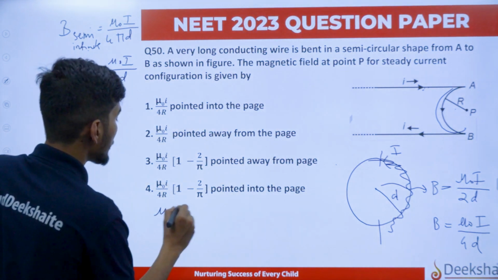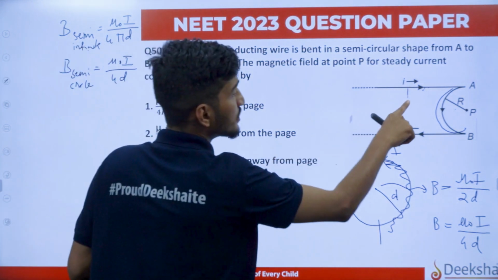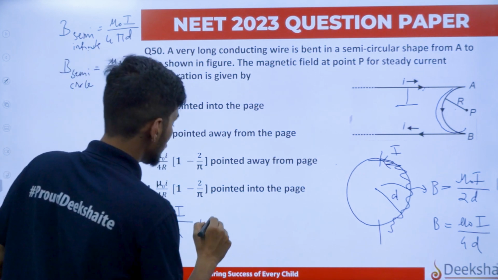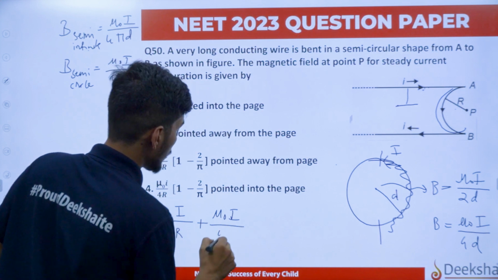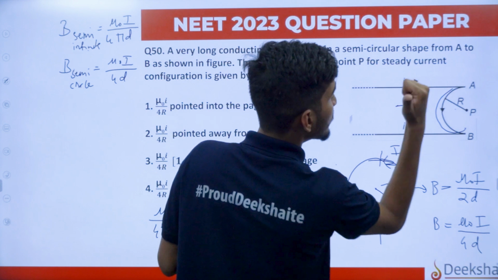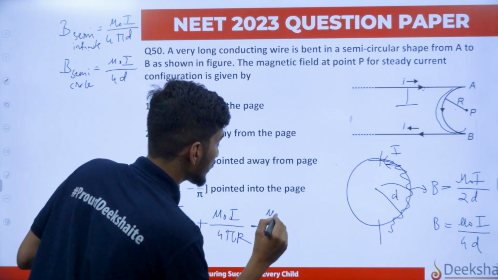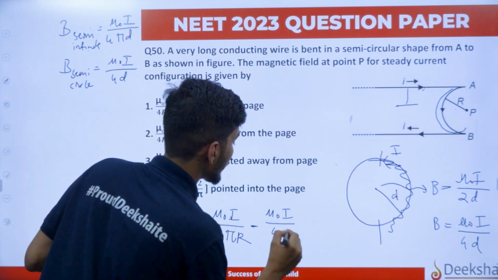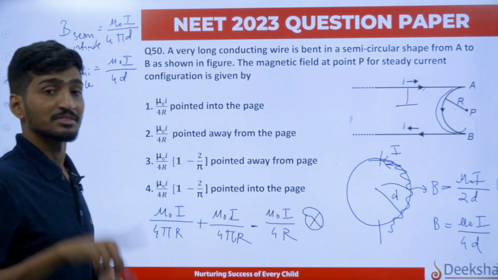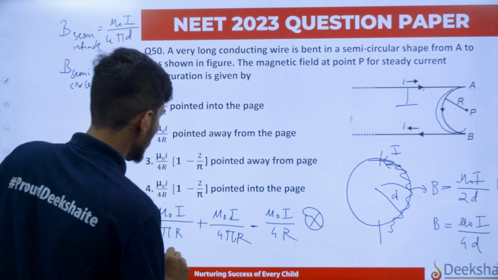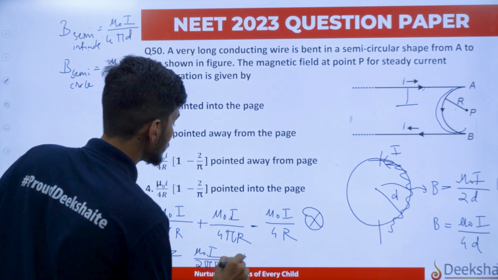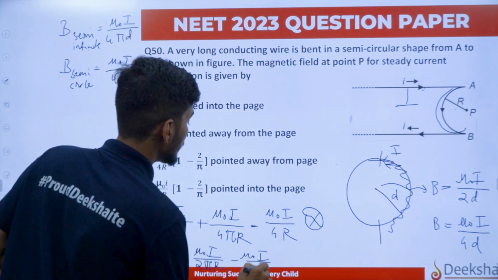So mu naught I by 4 pi r plus mu naught I by 4 pi r minus this one is upward, so that will be subtracted, mu naught I by 4r. In what direction? In this direction. Yes, absolutely right. So this will be mu naught I by 2 pi r minus mu naught I by 4r in this direction.